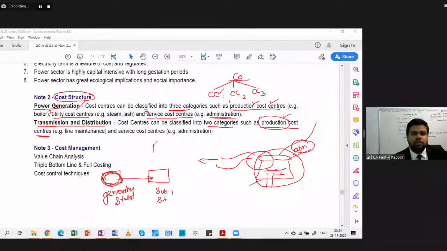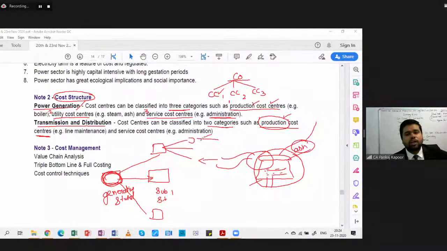Substation 1, substation 2, then substation 3. The power is moved to the substation, and from this substation to the transmitters, and from the transmitters to the individual households. So these substations are owned by the transmission company, and these transmitters are owned by whom? By the distribution company. So these are also considered as what? Production cost. Agreed?